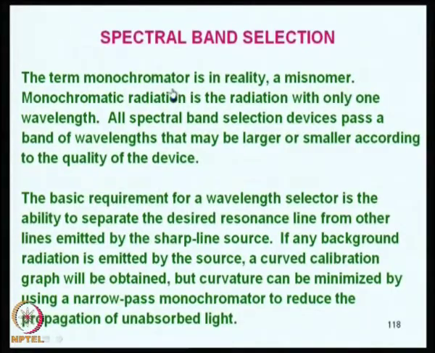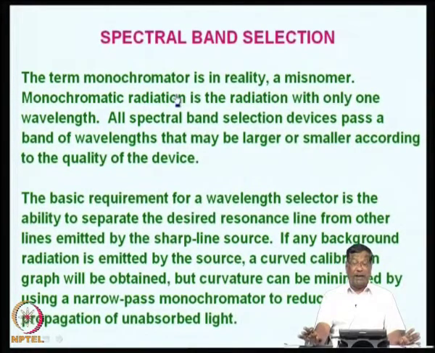Now, spectral band selection. So, again we are coming back to the same discussion, but what I want to tell you now is the term monochromator is in reality a misnomer. Monochromatic radiation actually means the radiation with only one wavelength. All spectral band selection devices pass a band of wavelengths that may be larger or smaller according to the quality of the device.